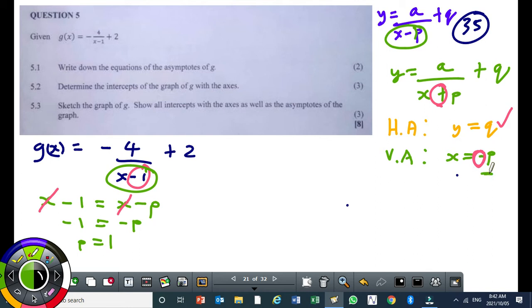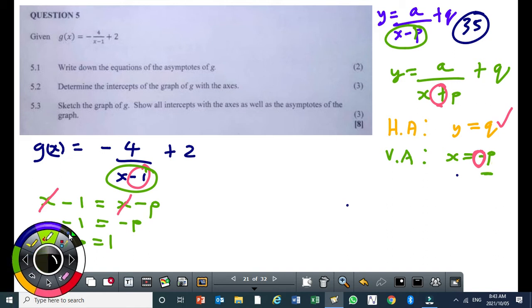Then we check this p equal to 1, we plug it here. Remember, I'm talking about that equation. Let me add something there. Please don't add it on this one. You have to add it to this one, x equal to p. Remember, I'm talking about this general form. If I'm talking about that general form, then the equation of the vertical asymptote will be x equal to p.